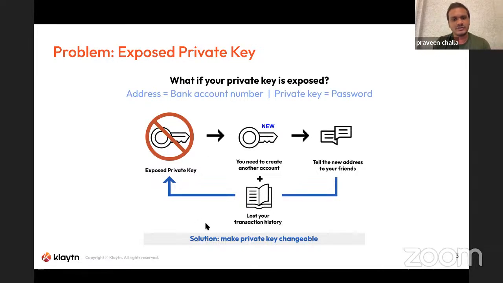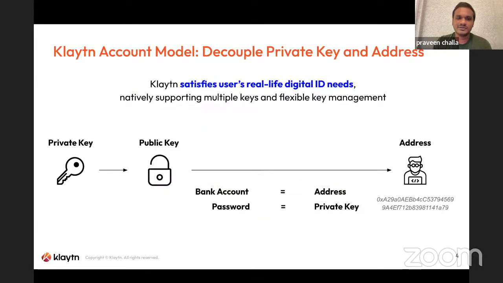So the best solution would be: what if we could change the private key? Based on this idea, Klaytn came up with decoupling the key pair from the address. Generally, whenever we create an account, we have a key pair, which means a private key and a public key, and the address is derived from the public key.